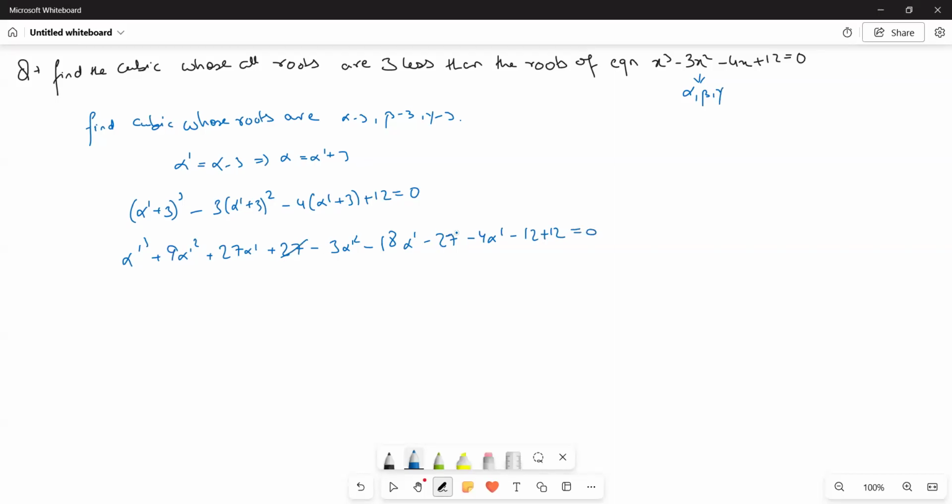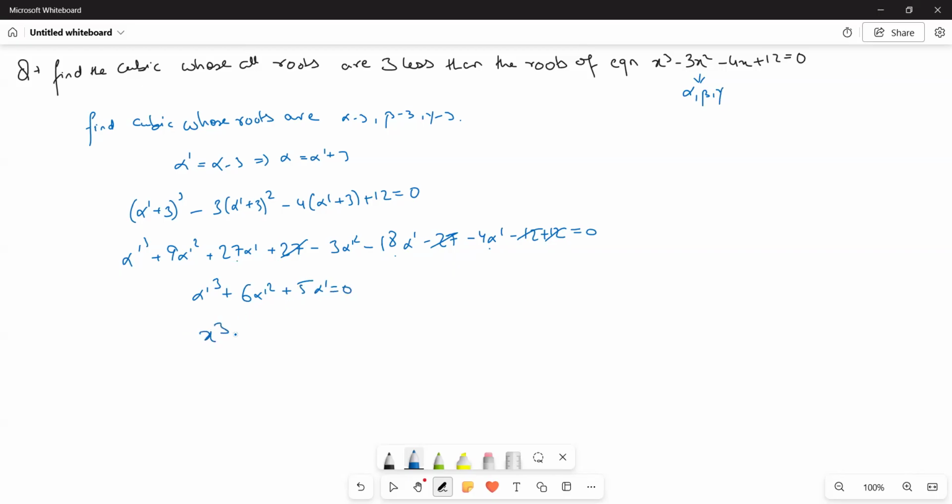So 27 cancels, 12 cancels. We end up with alpha dash whole cube plus 9 minus 3, 6 alpha dash square, and 27 minus 18, 9, minus 4, 5 alpha dash is equal to 0.